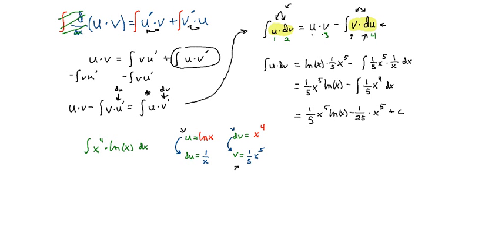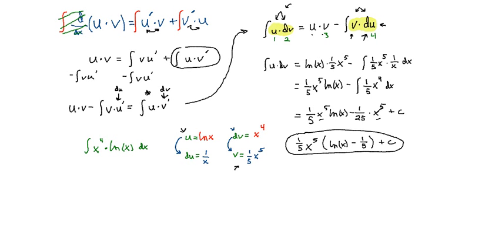This one has an x to the 5th and that one has an x to the 5th. So we can pull out an x to the 5th. They also have a 1/5 in common, don't they? So pull that out. You're left with natural log of x minus, let's see, that one went away, and 1/25 turns into 1/5 plus c. So there is our integral.